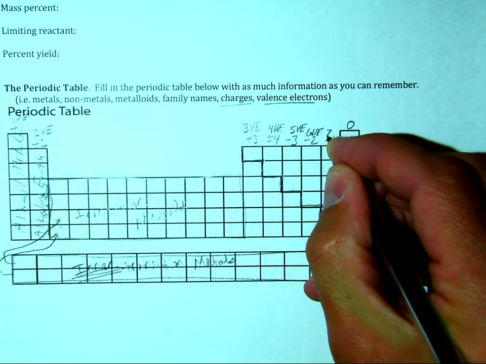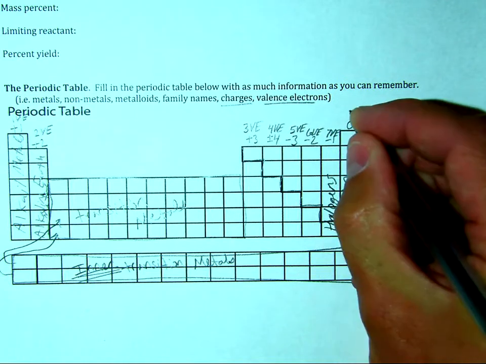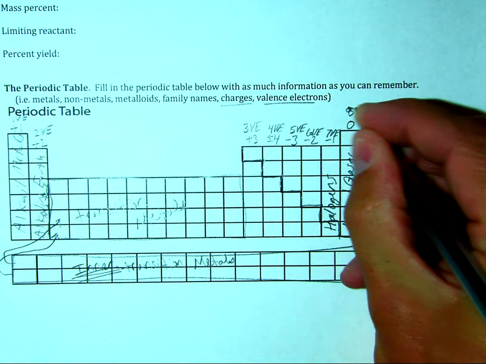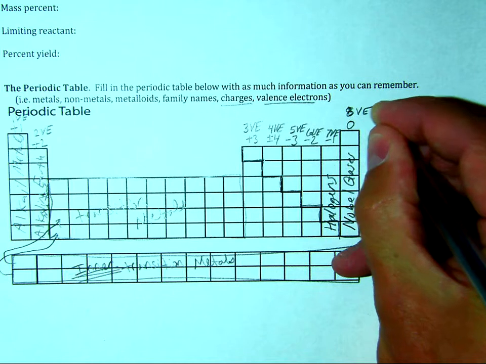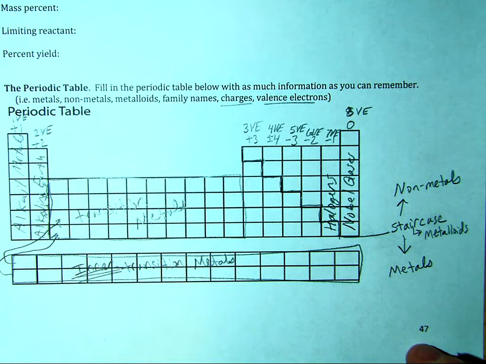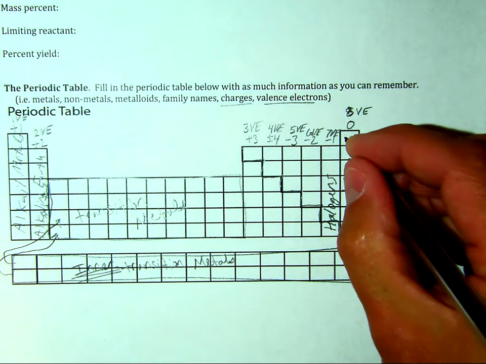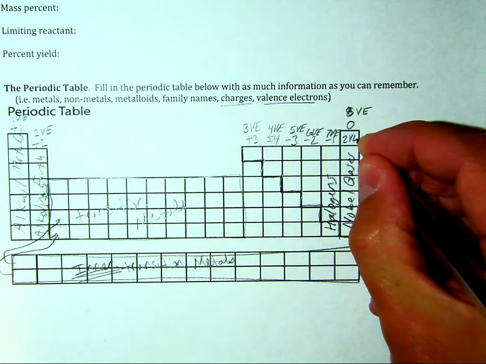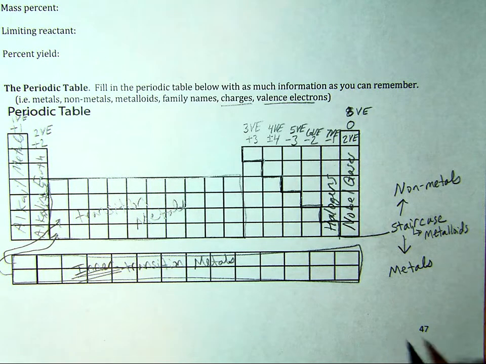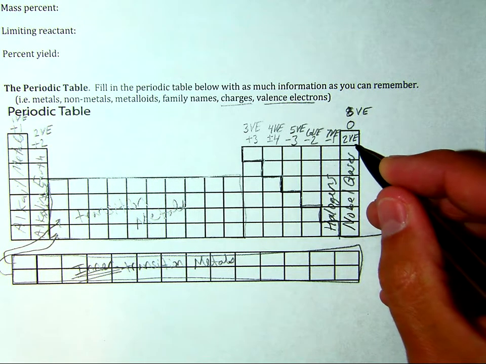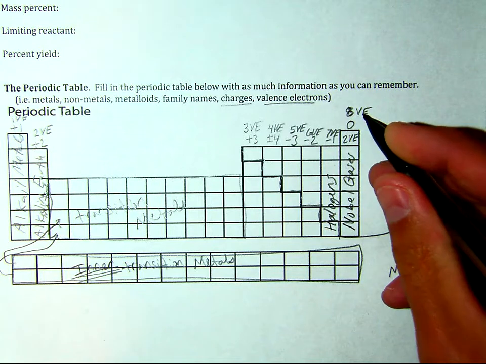The halogens have 7 valence, and the noble gases have 8 valence electrons, except for helium, which just has 2 valence electrons, because there is only 2 electrons in the atom. Everything below helium, though, will have 8.